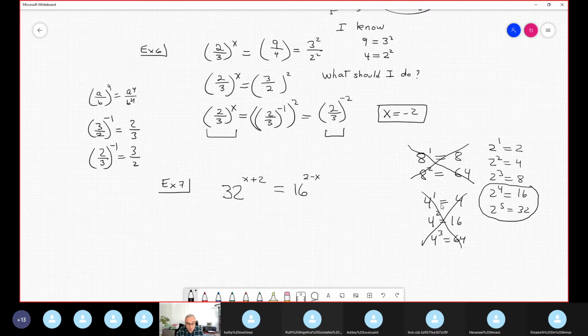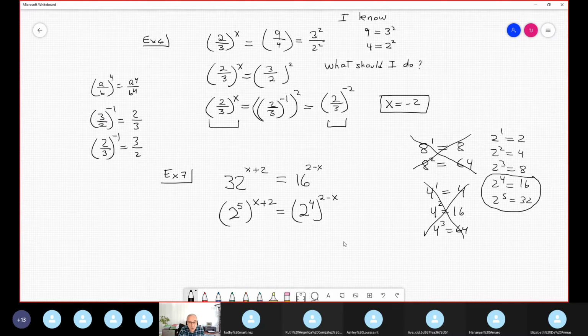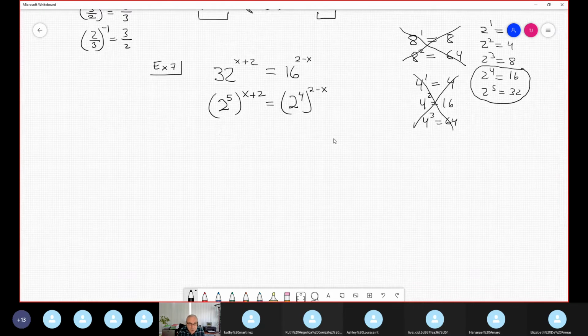Okay? Entonces, 2 to the fifth power, replace 32, to the fifth power, raised to the x plus 2, is equal to 2 to the fourth power, that is equivalent to 16, raised to the 2 minus x. Okay, now multiplication. Multiplication, the exponent is 2 raised to the 5 multiplication.